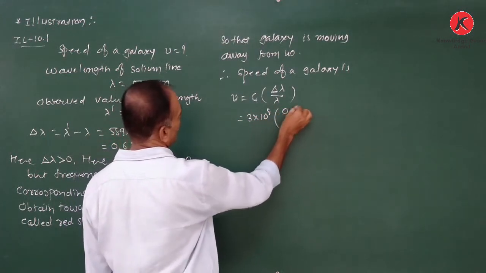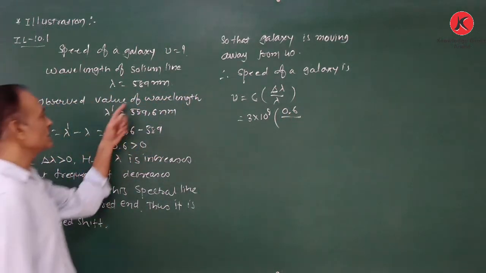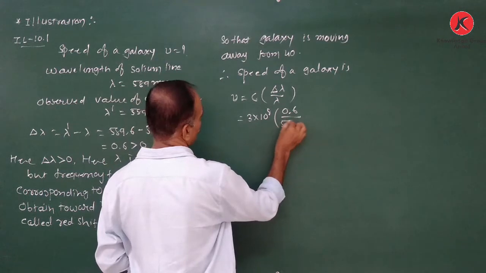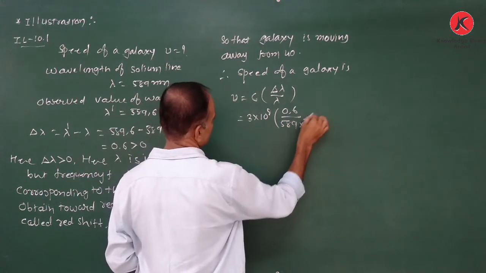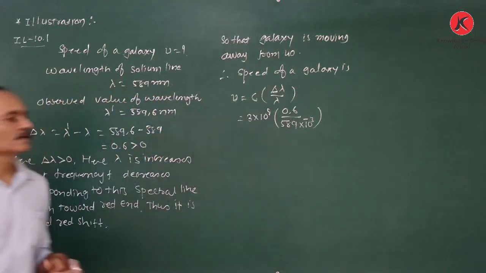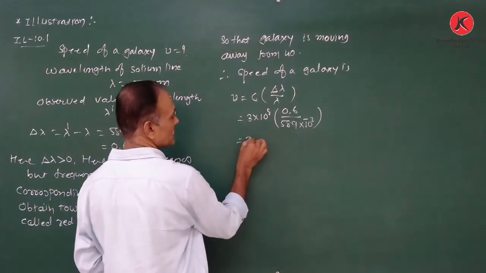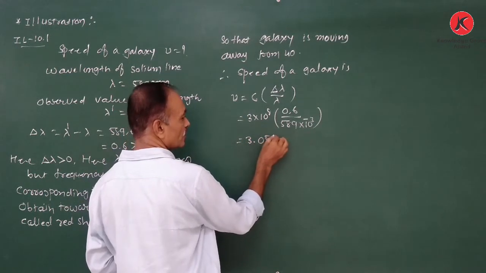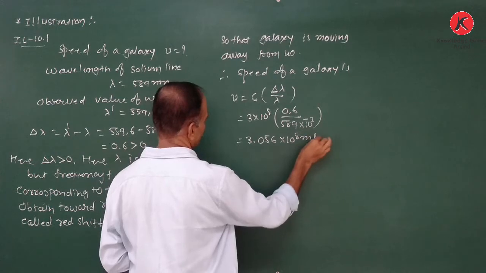Delta lambda is 0.6 upon lambda. Lambda is 589 nanometer, so 589 into 10 to the power minus 9 meter. Clear? Therefore, the speed of the galaxy is 3.056 into 10 to the power 8 meter per second.